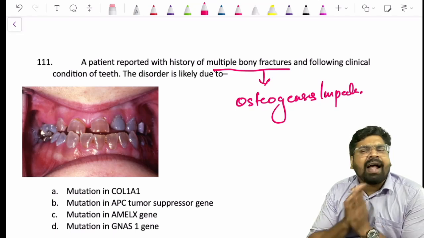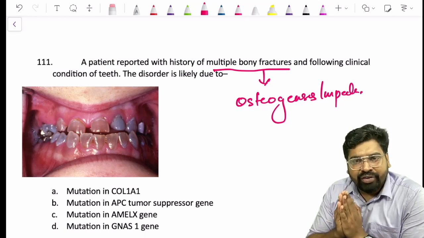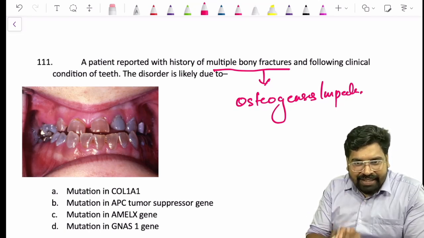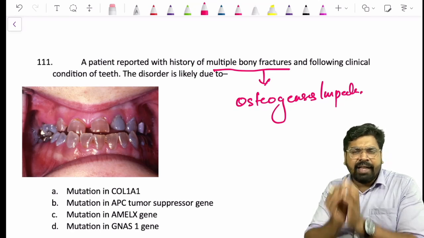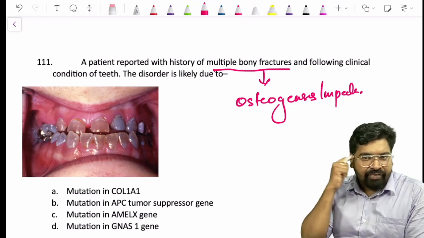Osteogenesis imperfecta has no relation with dentinogenesis imperfecta. That is true. But in osteogenesis imperfecta, you will see dental findings very similar to dentinogenesis imperfecta.